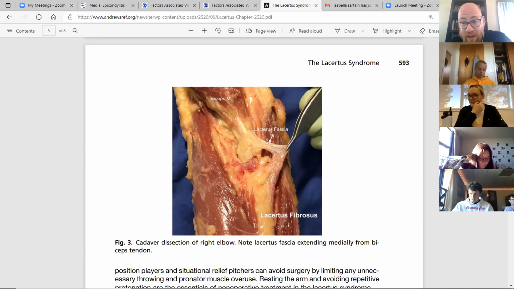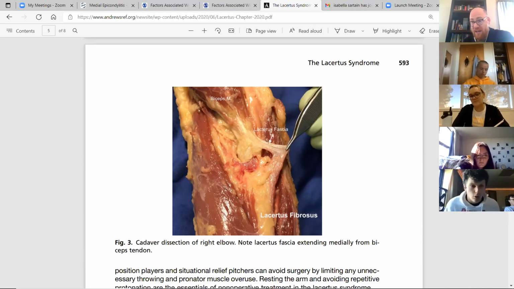Definitely can be. Now, here's the deal. If you think about throwing mechanics, if I'm an overhead athlete and I've got posterior capsular tightness and a lot of tightness in the posterior and inferior shoulder, obviously I've got altered humeral position.